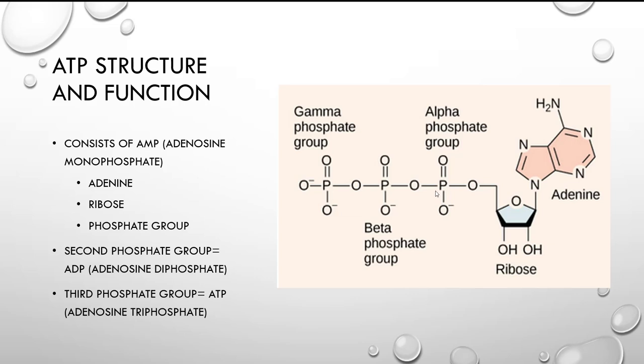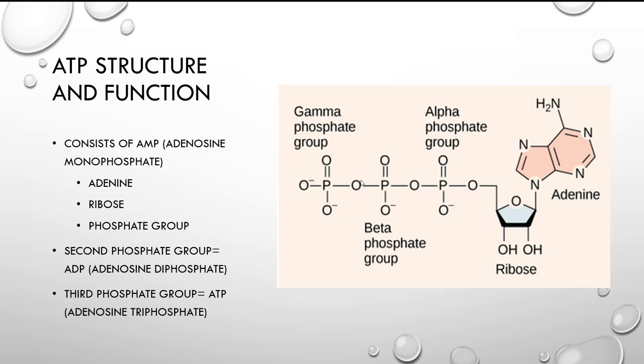So adenosine triphosphate means there's 3 phosphate groups, but we'll be dealing with adenosine diphosphate as well. So just think of 2 phosphate groups with one having basically fallen off through that reaction.